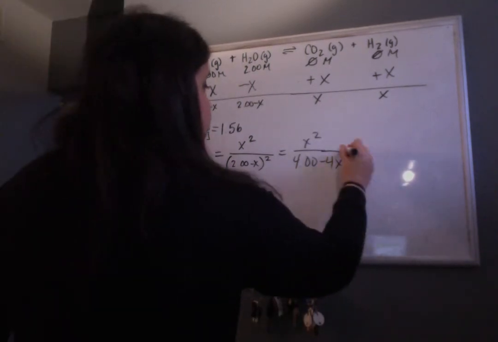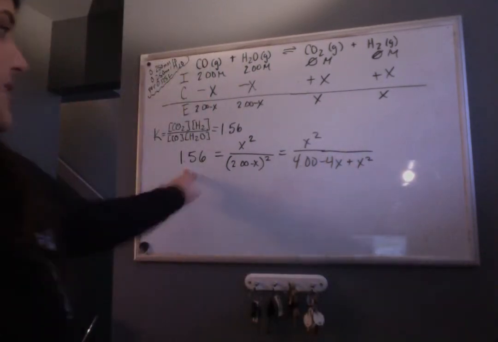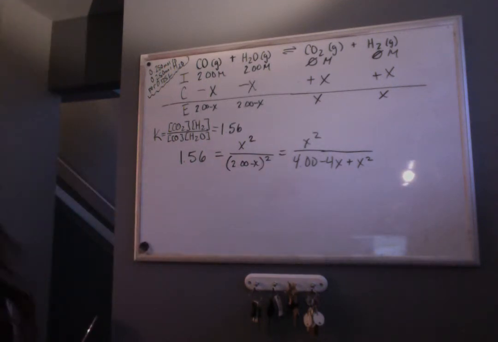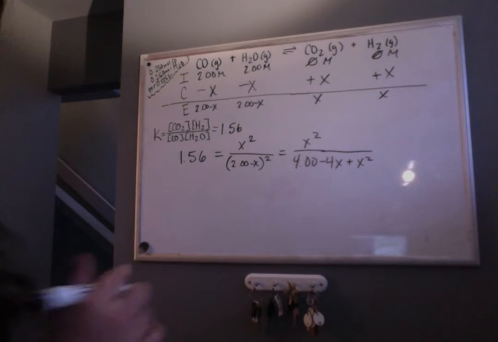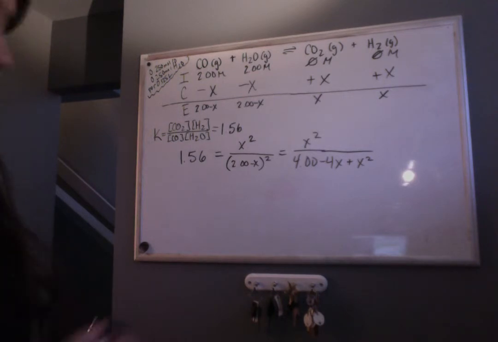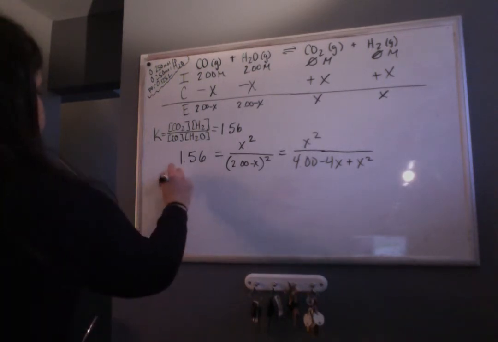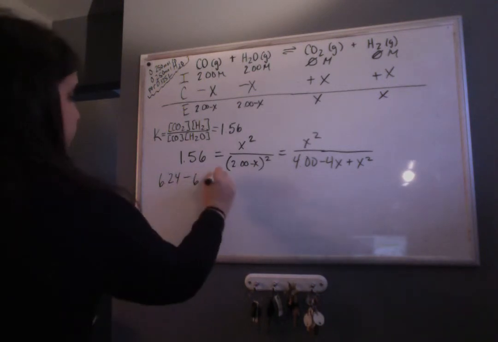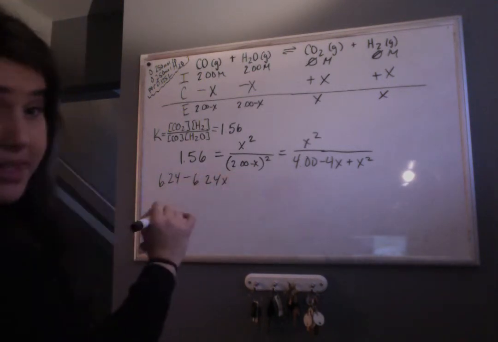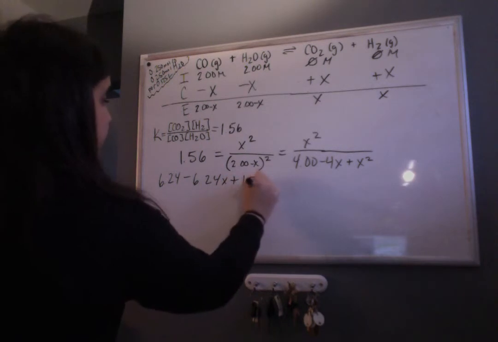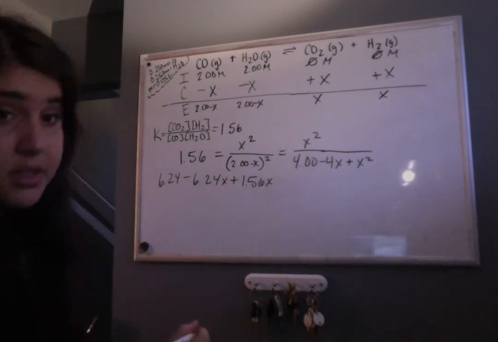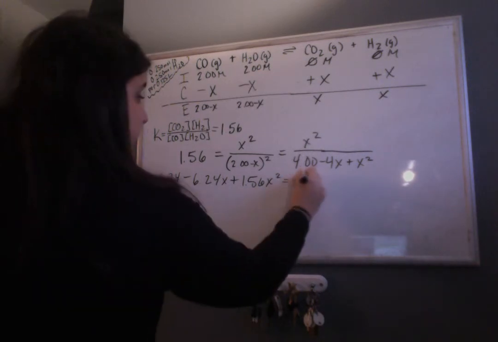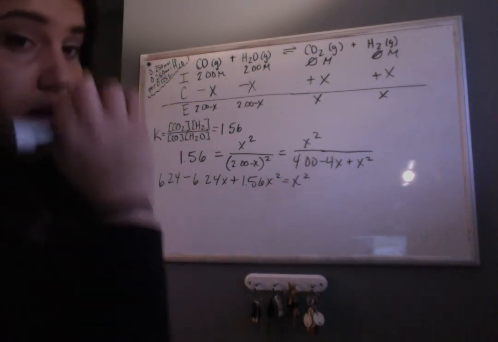When I solve this, again, this is just basic algebra, guys, I have 6.24 minus 6.24x plus 1.56x squared is equal to x squared. Follow along on the algebra.